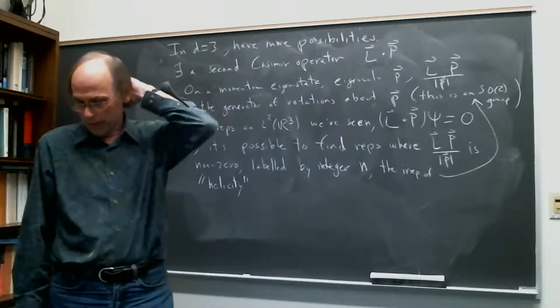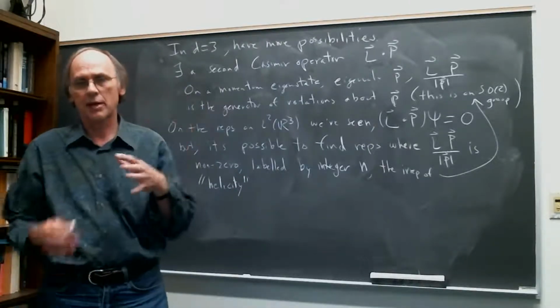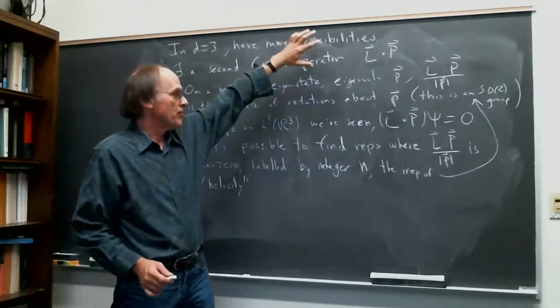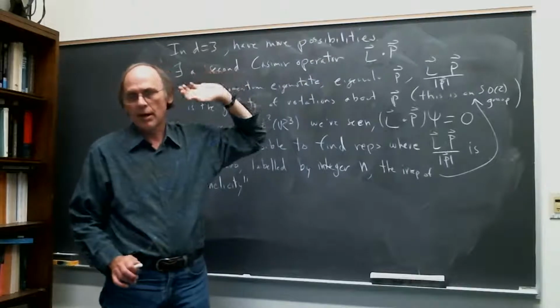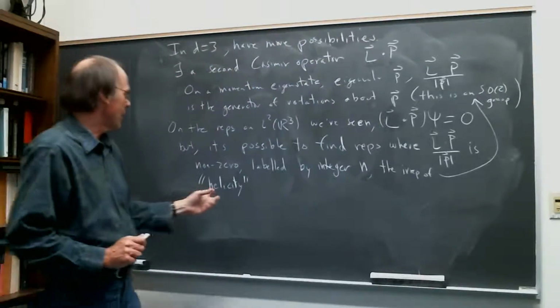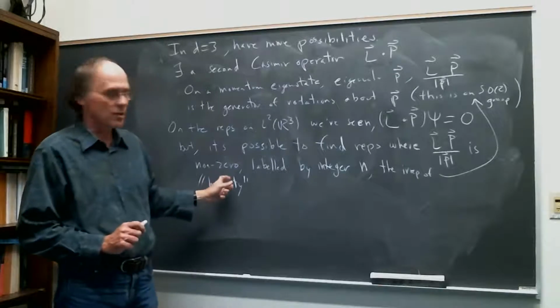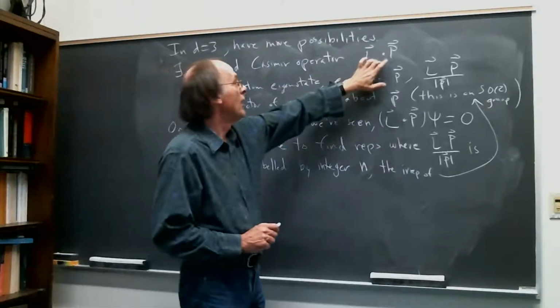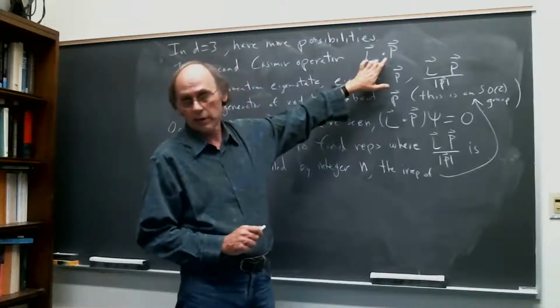So what we'd like to think about is, can you find some way of constructing representations of E3, the three-dimensional Euclidean group, that have so-called non-zero helicity, which means that this operator acts non-trivially on them?